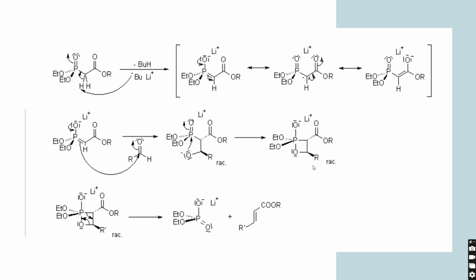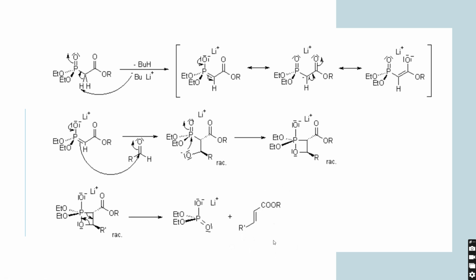This four-membered oxaphosphetane is not very stable, so it immediately undergoes bond breaking in this fashion to give us the phosphonate ester along with the olefin, which is the desired product.